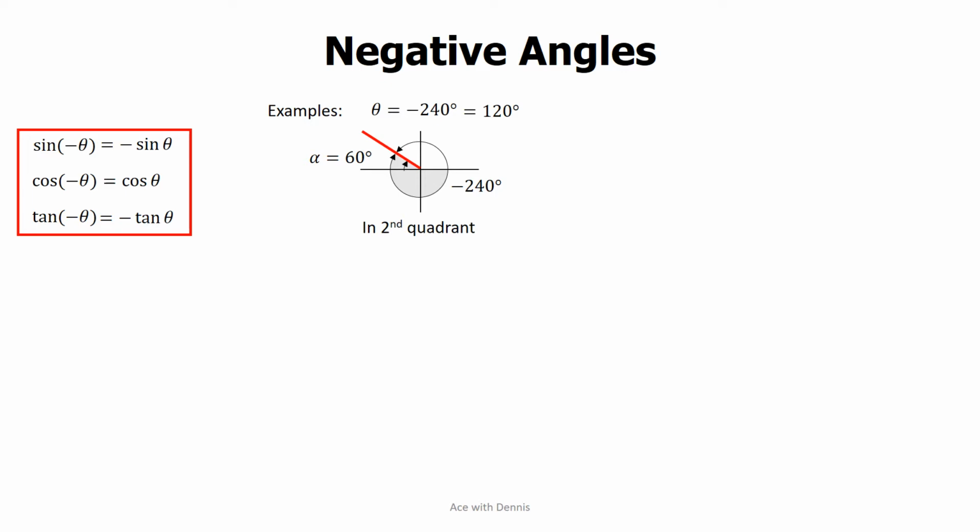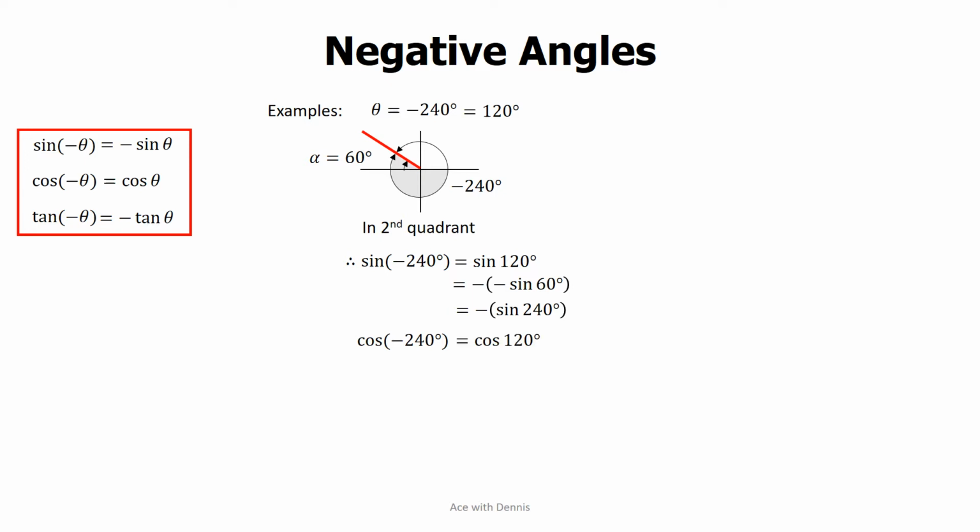It is in the second quadrant. Therefore, sine negative 240 degrees equals sine 120 degrees, or it is equal to negative bracket negative 60 degrees, and it is equal to negative sine 240 degrees.